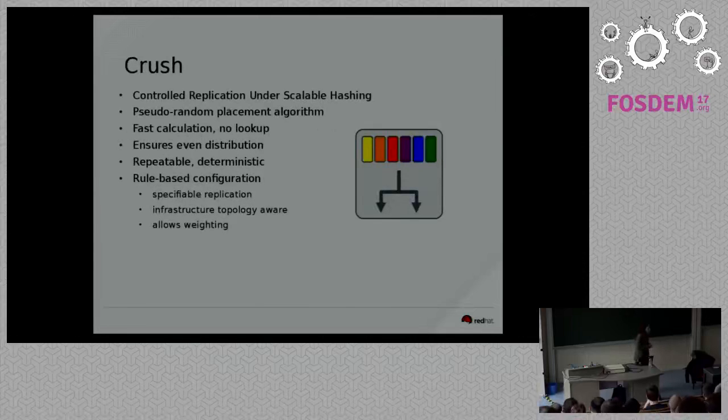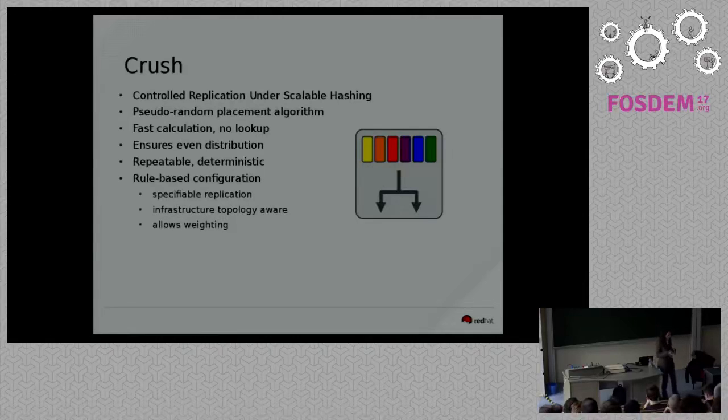So a little bit about CRUSH. CRUSH is our placement algorithm. And we wanted an algorithm because it's a large-scale system that doesn't require any lookup. Lookup requires some central area. You keep the table of the lookup. You can replicate it, but it's not very efficient in large scale. It's a bottleneck. So CRUSH doesn't require any lookup. It is topology aware.